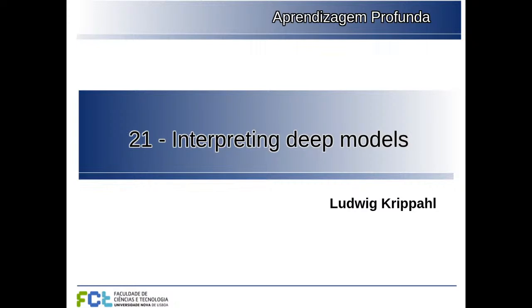When we were covering image classification with convolution networks, we looked at some simple methods for visualizing which parts of the image were more important in the classification. But now we're going to look at this problem of understanding what a deep model is doing in a broader context.